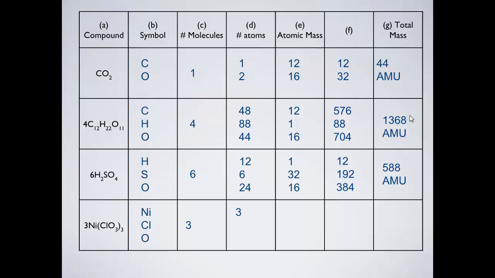Brian, how about chlorine? 9. So why 9, Brian? Because there's a 3 on the outside. Yes, this 3 on the outside goes in everything inside the parentheses. So it has a subscript of 3 out here, times 3 molecules for 9. And Carter, how about oxygen? 27. 3 times 3 times 3.